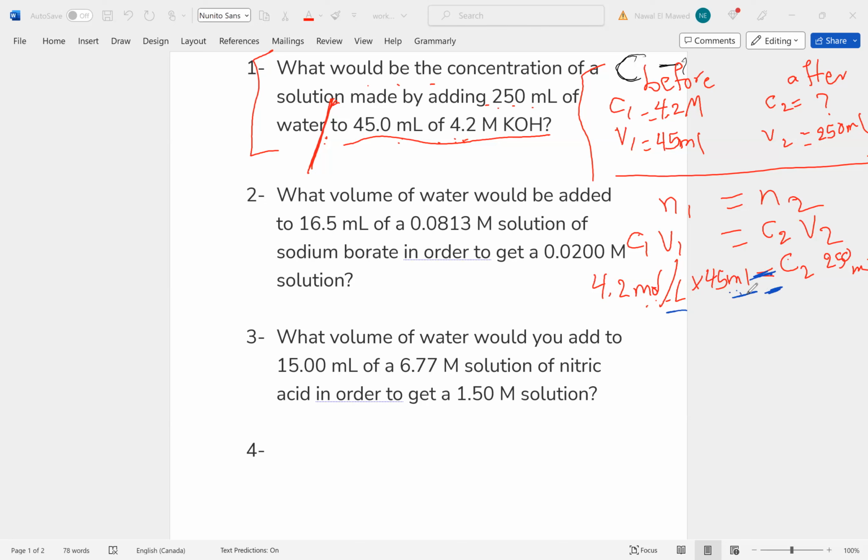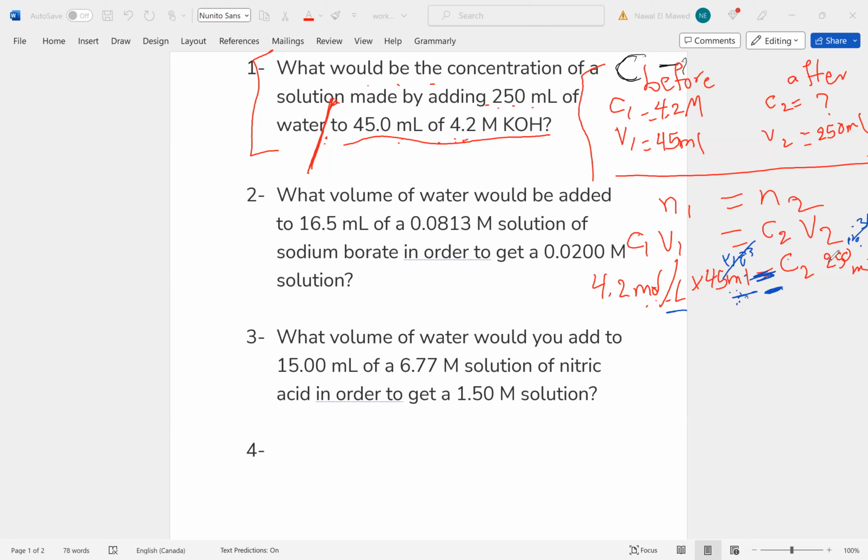If I change this to liter, I will multiply by 10 to the power 3, and I will divide the other side by 10 to the power minus 3. It will make no effect because I can cancel it. When you have an equal sign, it's okay not to change the units. But they should be the same.